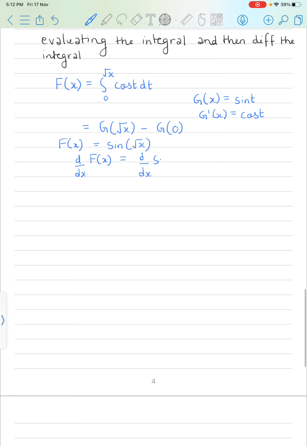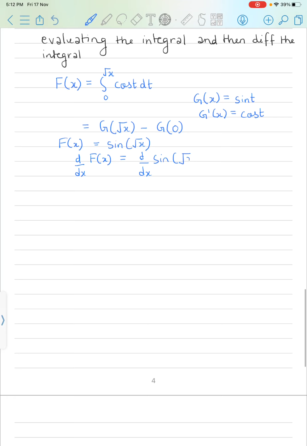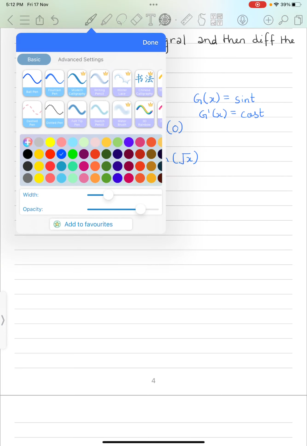So this is my f of x, and if you differentiate f of x, you will get d/dx of sine root x. So now is the time to revise the chain rule. So let's write the chain rule.